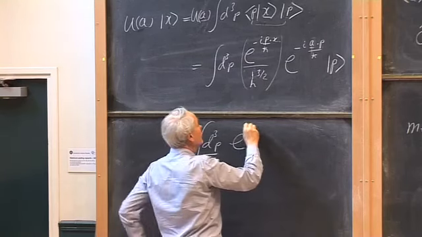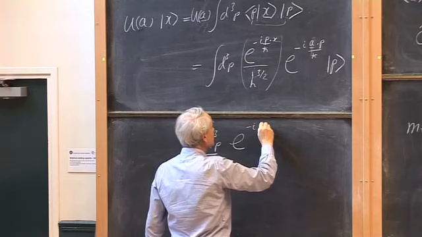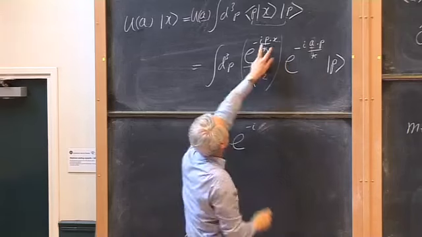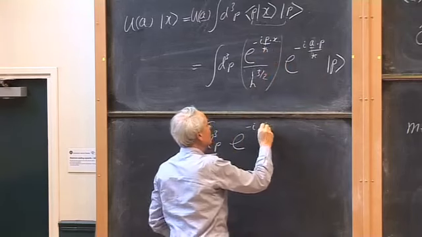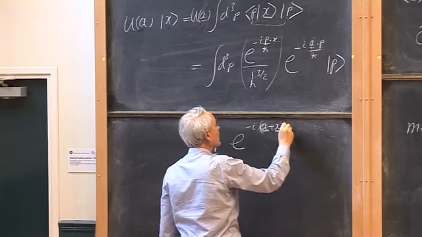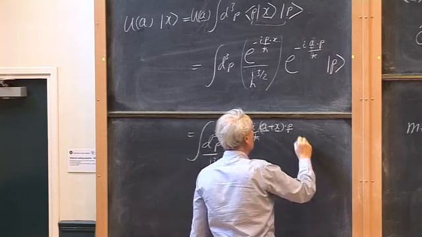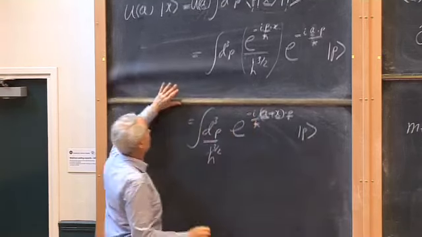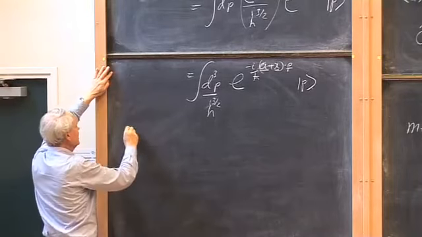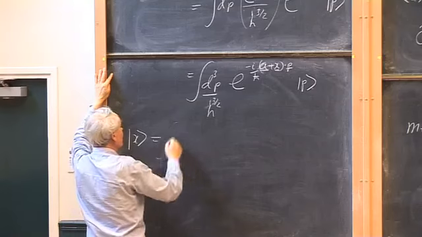E to the minus i p, well, let's write it. It doesn't matter what order we write these in, because this is a number and that's a number. So I'm going to write this as a plus x dot p over h bar. But if I now ask myself, what is x in this notation? I probably should have written this down originally.